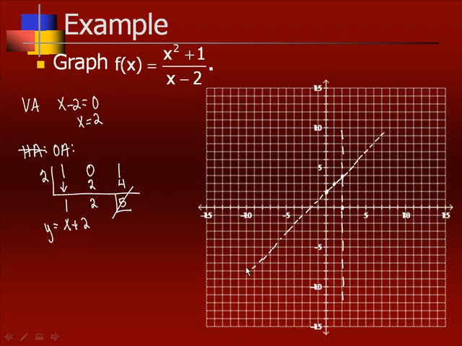Then we want to ask ourselves, will the graph cross the oblique asymptote? Well, in that case, what we do is we take our original function and set it equal to what we just found for the oblique asymptote.